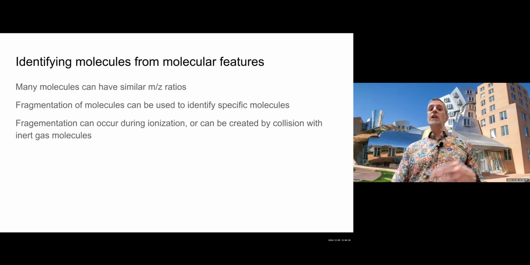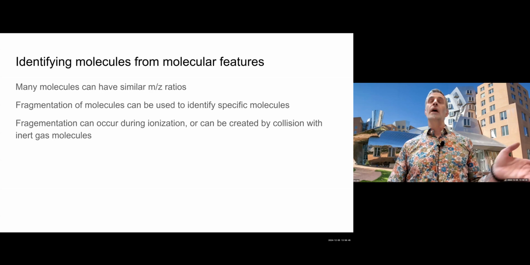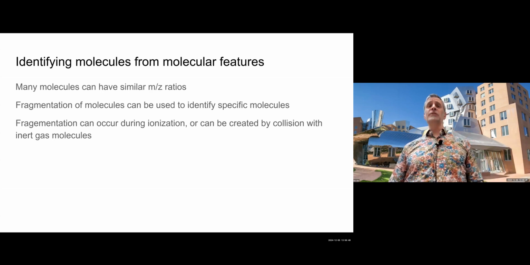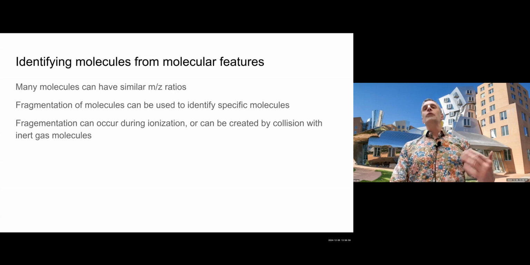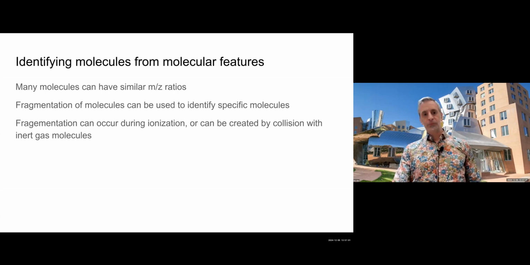If we have a super high resolution machine, so we're not just getting the M over Z but actually the chemical formula, then that helps reduce the number a little bit, but there can still be multiple different molecules that have the same chemical formula but are structurally very different, and we'll look at one of those in a minute. And so how do we differentiate between them?